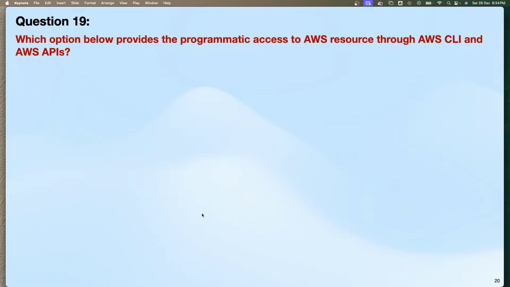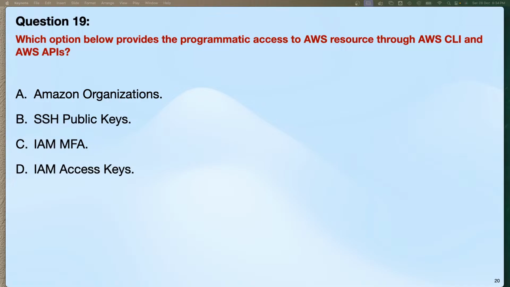So let me go to 19. Which option below provides programmatic access to AWS resources through the AWS CLI and AWS APIs? So they are looking for which option will help you to get the access. Whether it's AWS Organizations, no, that doesn't give you any permissions. It's just to manage multiple accounts under a master account. It doesn't give you any programmatic access or any credentials.